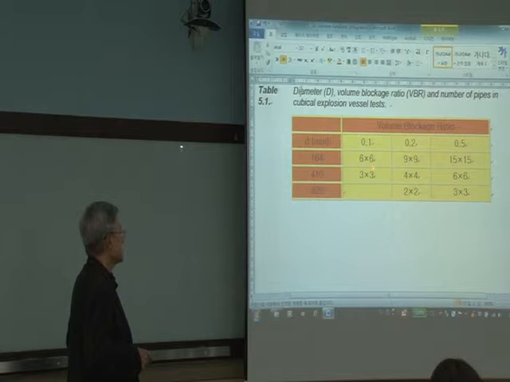And this is the setup. 6 by 6 means the cylinder obstacle is 6 per row. And this is 3 per row. This is what the picture shows here. This is 9, this is 15.